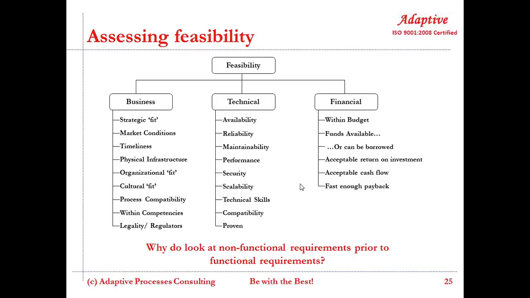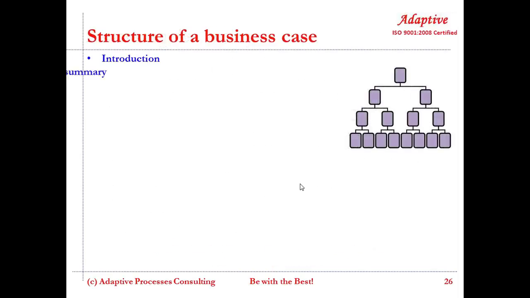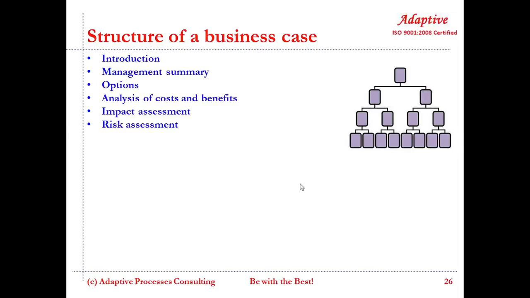So we have to do a feasibility analysis. What level of feasibility are we going to look at? Business feasibility, technical feasibility, financial feasibility. So this is what we propose.